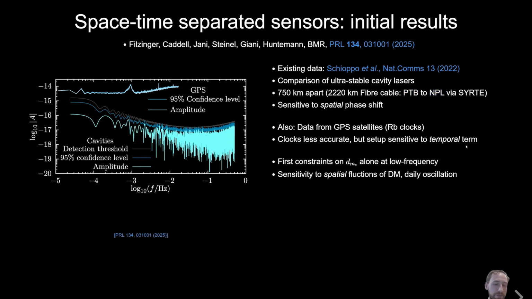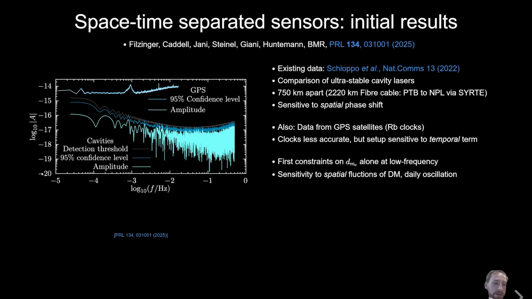Due to some technical experimental details, this cavity comparison was sensitive to the spatial phase shift, whereas we also used data from the GPS satellites, which each have a rubidium microwave atomic clock on board. And these were sensitive to the temporal term. So even though the GPS clocks are much less accurate than the cavity stabilized lasers, the temporal term is typically a lot larger. So these were reasonably competitive.